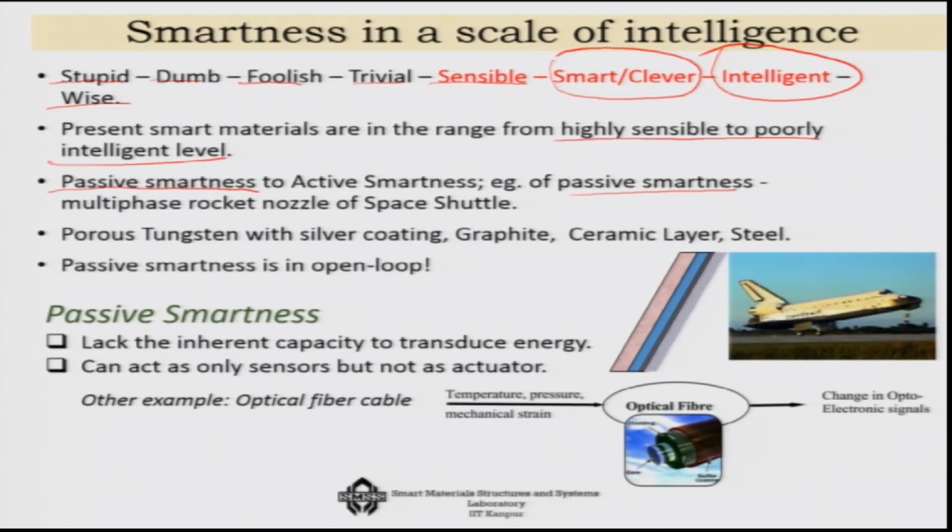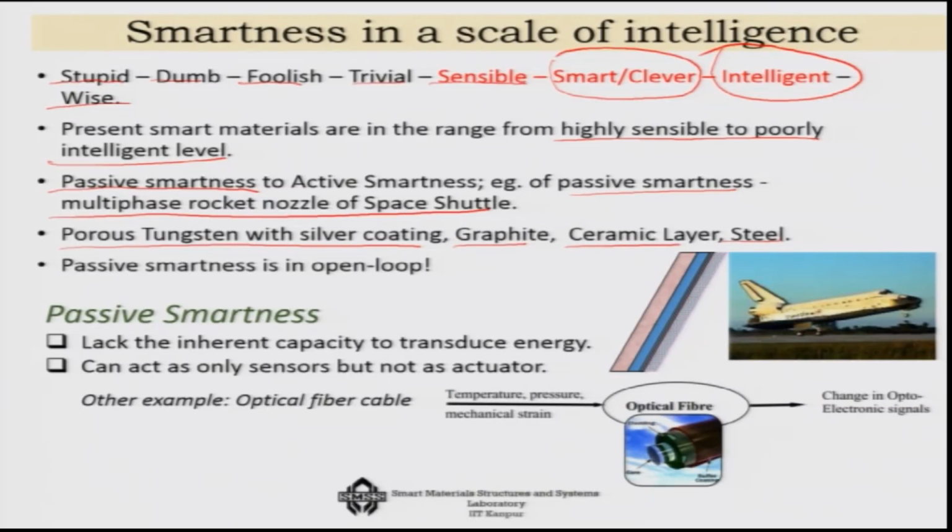One of the examples that I always give is the multi-phase rocket nozzles of the space shuttle. If you look at a space shuttle, the structure is a very complicated system. It has multiple levels of materials in it. It starts with porous tungsten with silver coating, then graphite, a ceramic layer and steel.